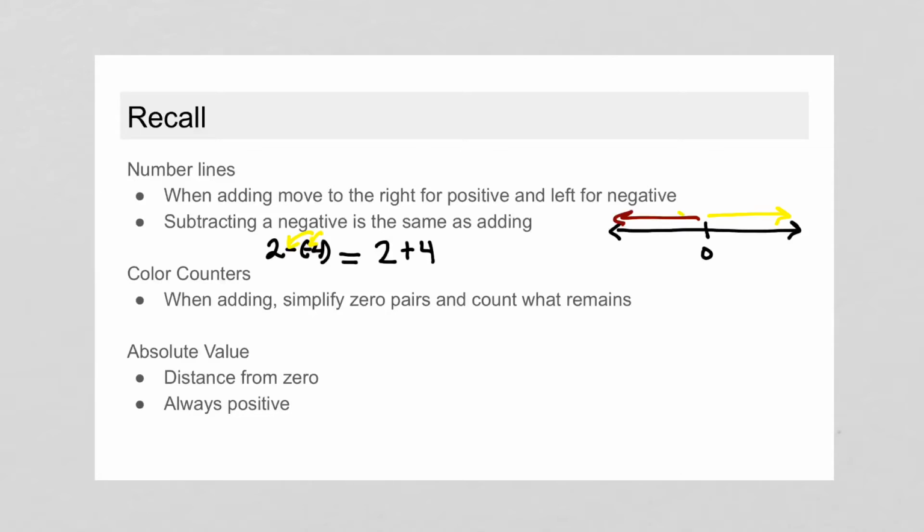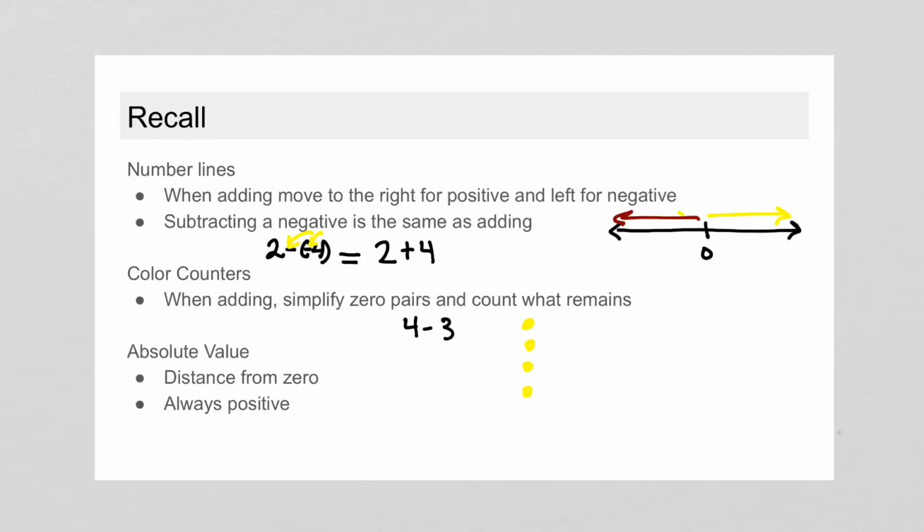And then with the color counters, when adding, you want to simplify zero pairs and count what remains. So let's practice real quick with 4 minus 3. That means I have 4 positive chips: 1, 2, 3, 4.